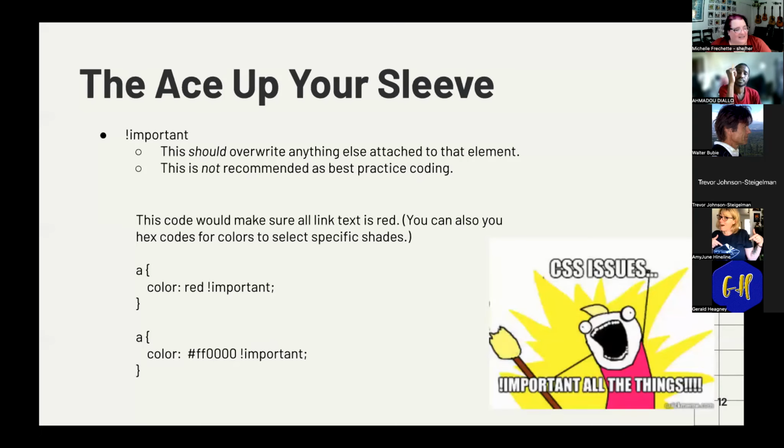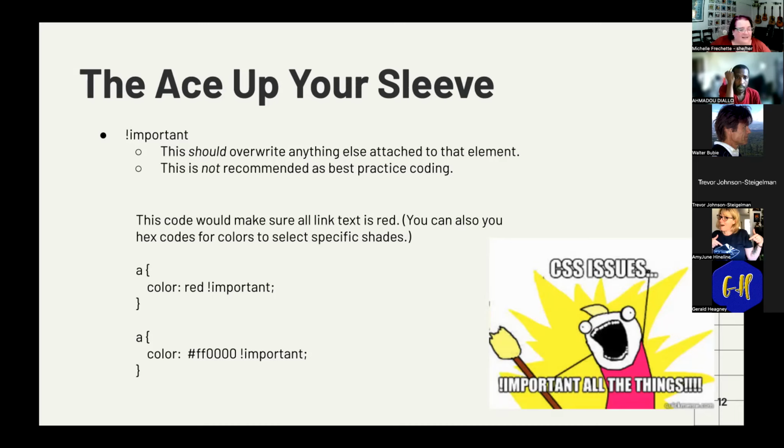And then the ace up your sleeve is this important tag. So it should override anything that comes before it. It's not recommended as best coding practice. If you wanted, for example, all of your links, those are called A, right? So A, like a href, you would say maybe you wanted them all to be colored red.